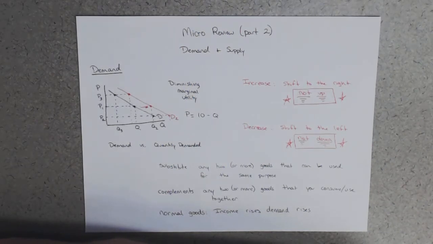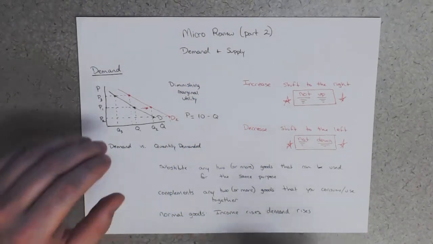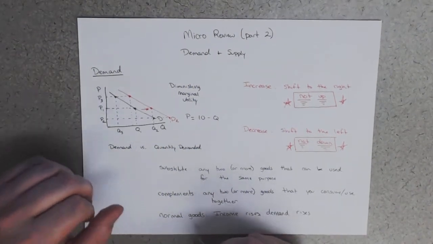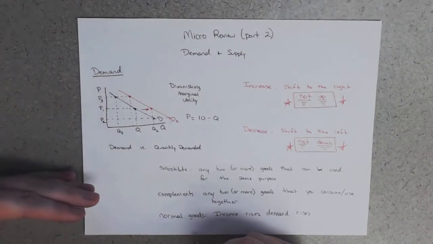You drink those things because they're beer and they're cheap. But do you think Bill Gates is eating ramen noodles and drinking Natty Light? Do you think Mark Zuckerberg is eating these foods and drinking these drinks? Of course not. So some goods, as your income goes up, you actually will buy less of them.